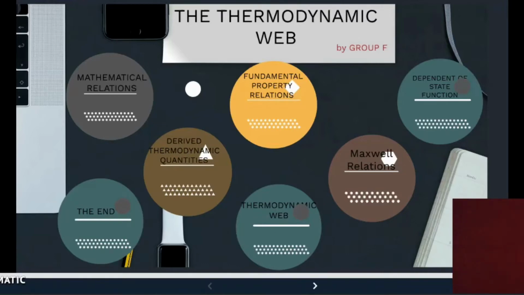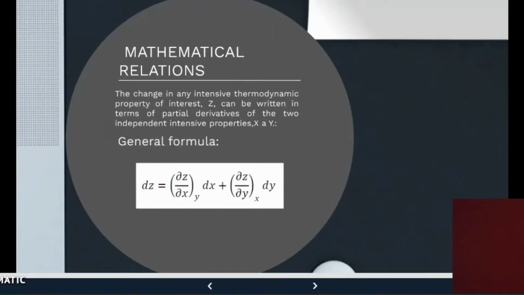So we will proceed with the mathematical relation. Here we are deriving the general formula: the change in any intensive thermodynamic property of interest Z can be written in terms of partial derivatives of two independent intensive properties x and y.